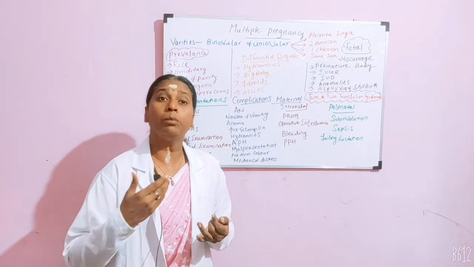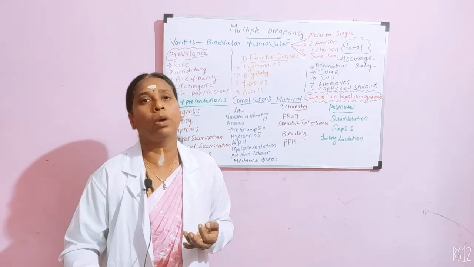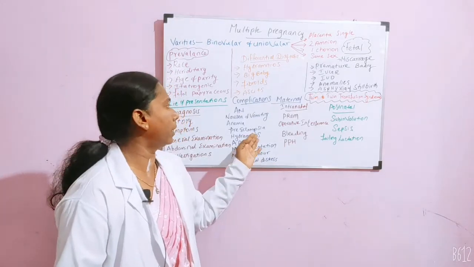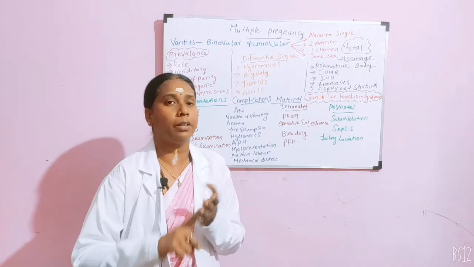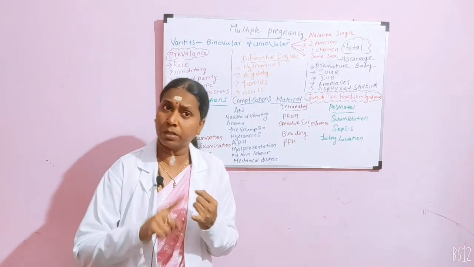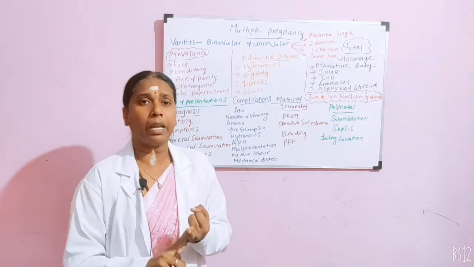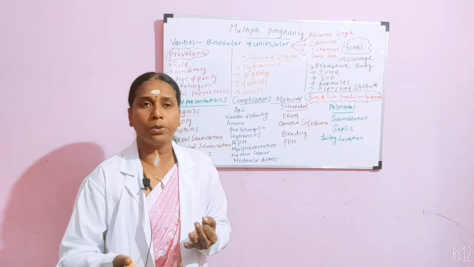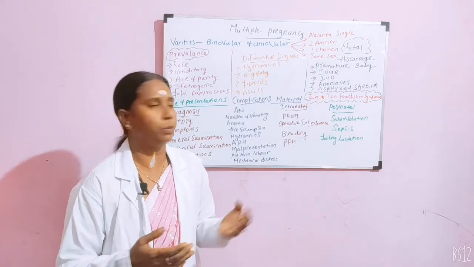Similarly now the hemodilution is going to be more, so definitely there will be anemia for the mother. And already we discussed there will be preeclampsia: increased blood pressure, generalized edema, facial edema, proteinuria. All these symptoms may be present with the mother.